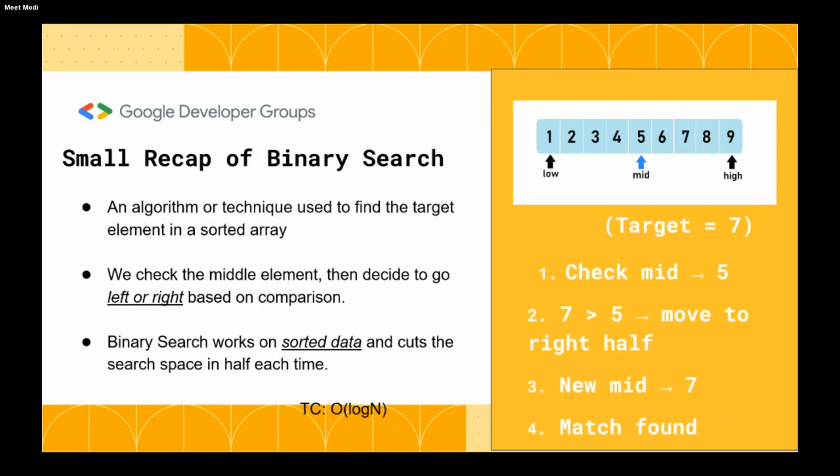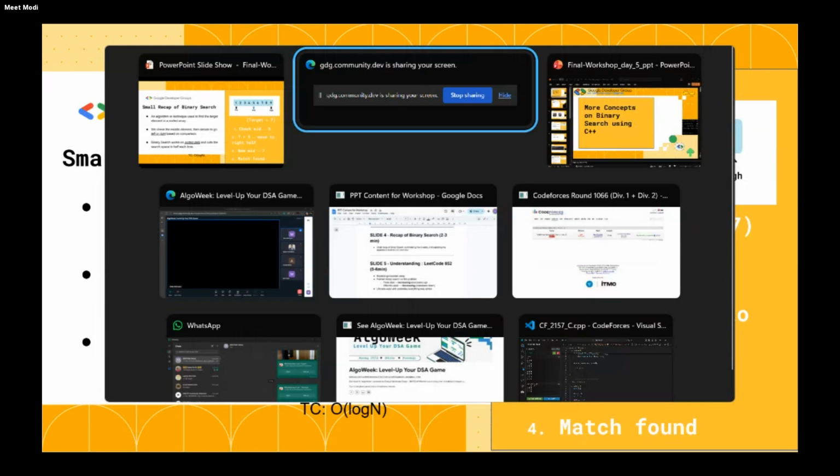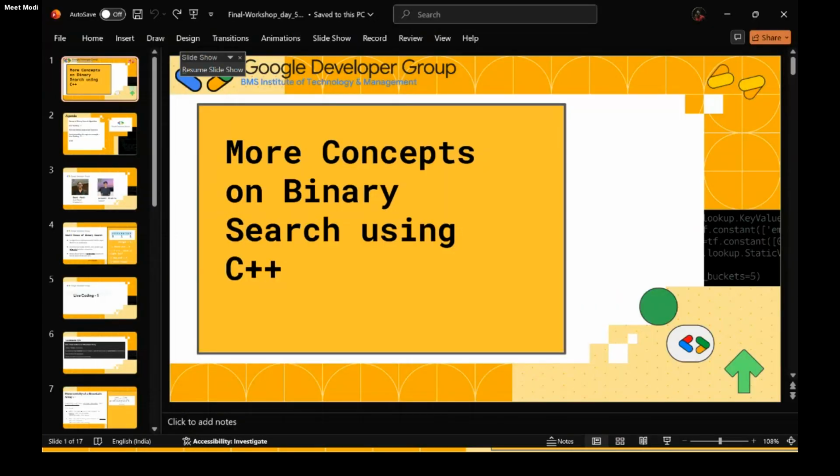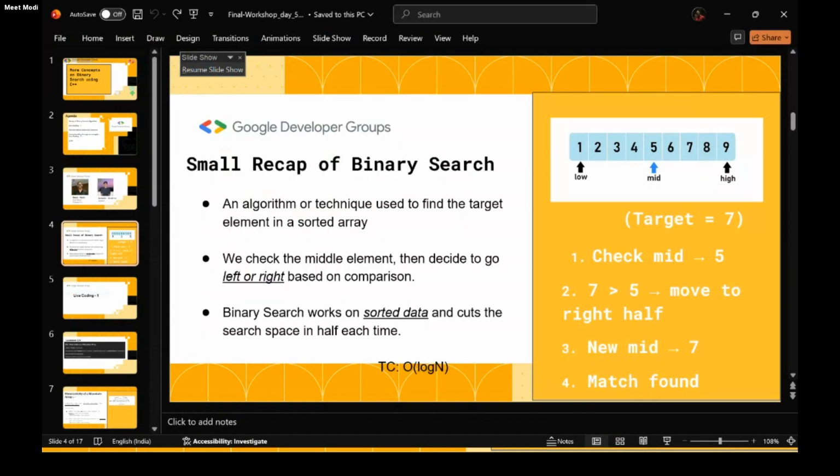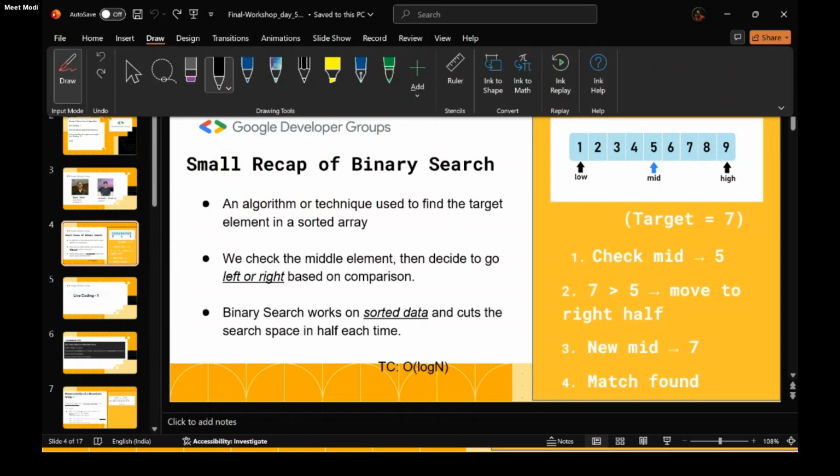So on day 4 we already covered binary search, right? What is binary search? Binary search is a searching algorithm. Let's say for this example, here we have an array, and the target given is 7.